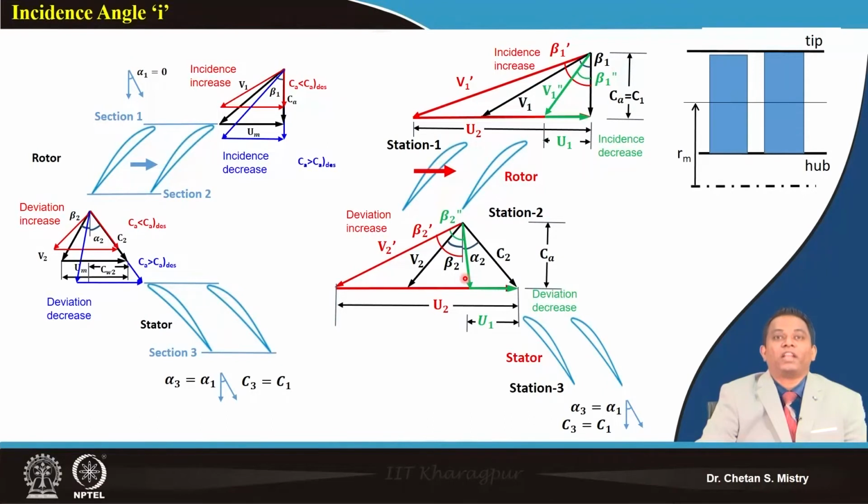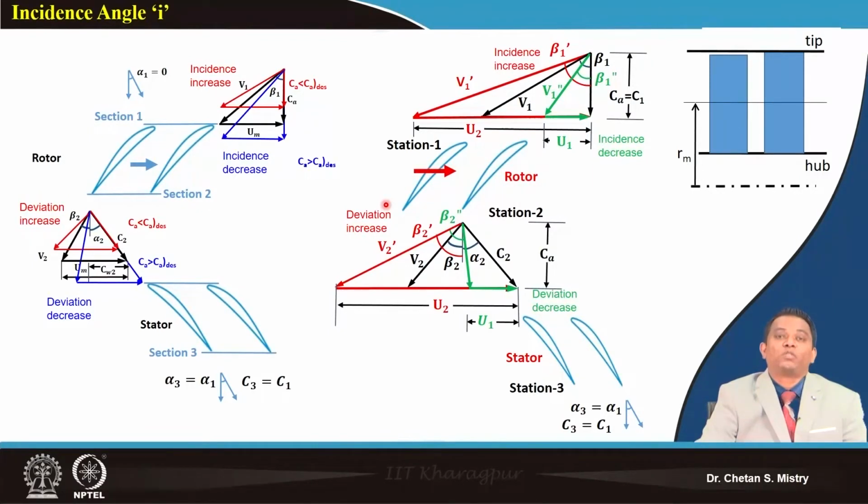It is working at a design incidence condition, it may be working at an increased incidence angle, it may be working at a decreased incidence angle. And because of the change of my incidence angle at the entry of my blade, if you look at the exit also, my flow field is changing. And that is very important.